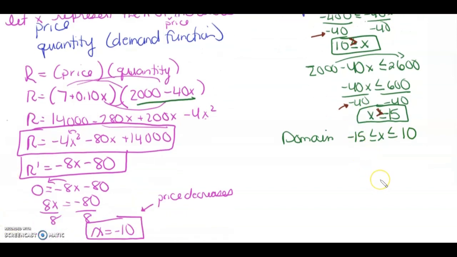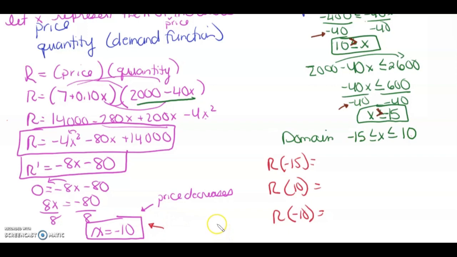Okay, so we have three possible max or min values. Max, because we're dealing with revenue, right? So we can either have a maximum revenue at either endpoint, so negative 15, or maximum revenue at 10, or we can have a maximum revenue at negative 10, which is when the tangent line equals 0.